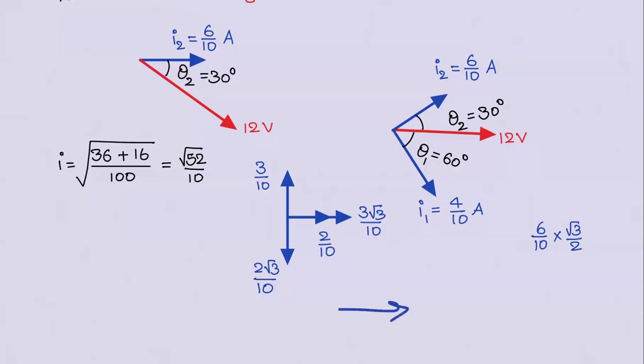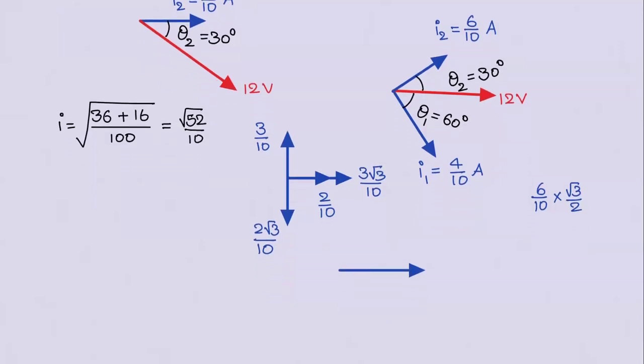Now total value will be, total x value will be, I'm going to write the diagram once again. Total x value will be 2 root 3 plus 2 by 10. And 2 root 3 value is more than 3, na? So net will be downwards then.